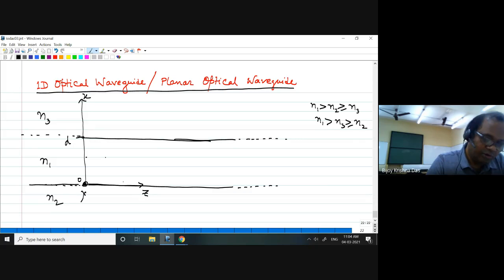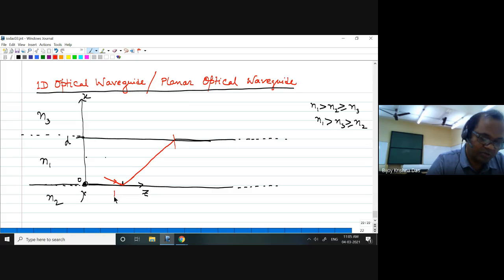So suppose you have a point of total internal reflection. Let us consider that a ray is hitting here like this. So the ray is coming here, and then total internal reflection takes place. It will go like this, and then here also total internal reflection.